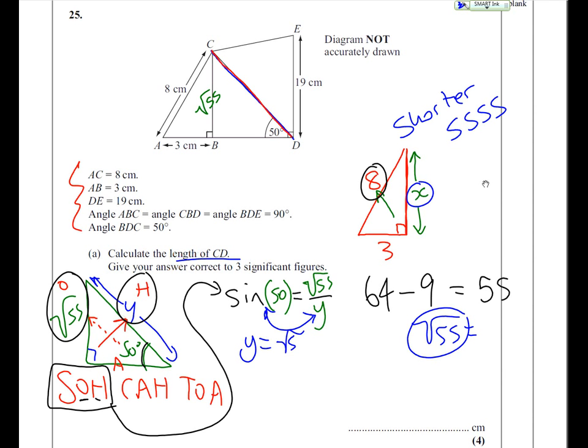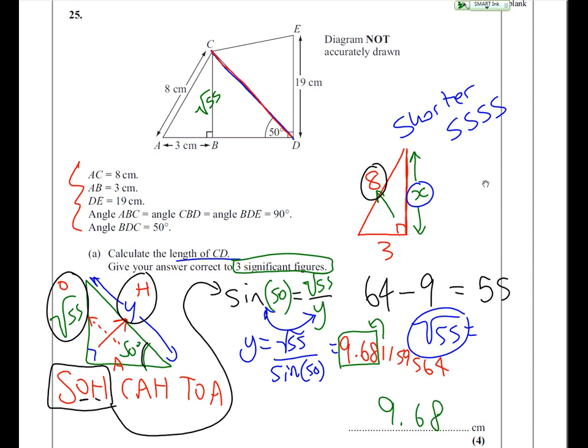And in your calculator, type in square root 55 divided by sine 50. That square root 55 just stopped you having loads of weird decimals going on. Saved you a bit of time, hopefully. Make sure you're in degrees. 9.681159.564 is the answer for y. We want it to 3 significant figures. So the first 3 numbers, the 1 doesn't affect it, 9.68.